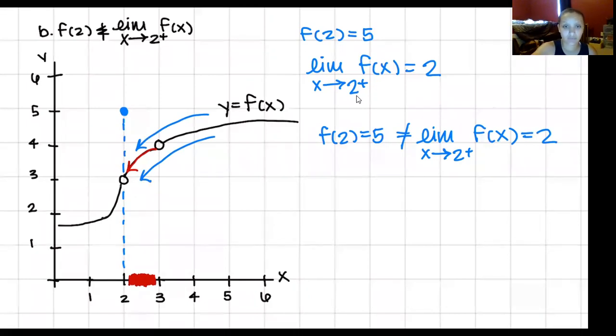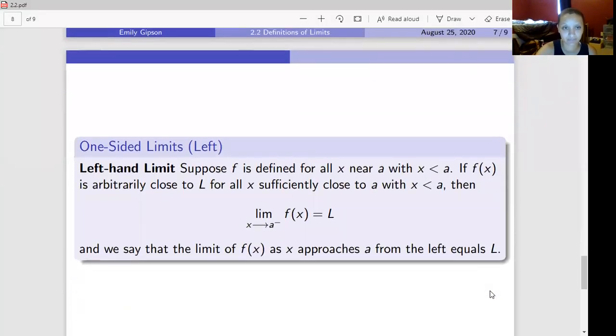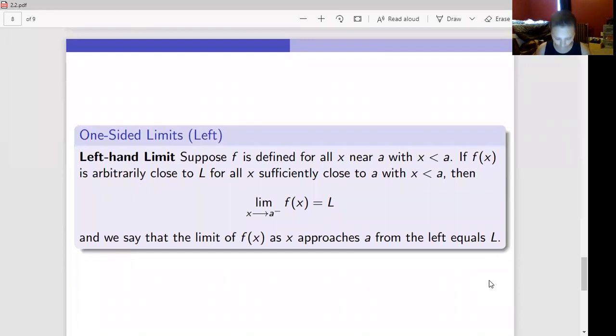And just like before, we've got a big clunky definition. So suppose f is defined for all x near a value a with x values less than a. If f of x is arbitrarily close to some value L for all x sufficiently close to a with x values less than a, then we write the following and we say that the limit of f of x as x approaches a from the left equals L.